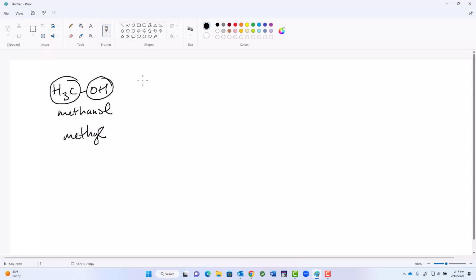If we start introducing an alkyl substituent, so say we have ethanol, where we have it attached to an R group, we would call this a primary alcohol. Primary meaning that the carbon is attached to one other carbon.